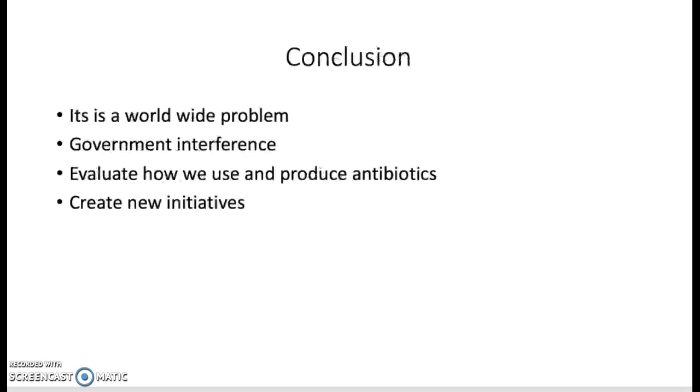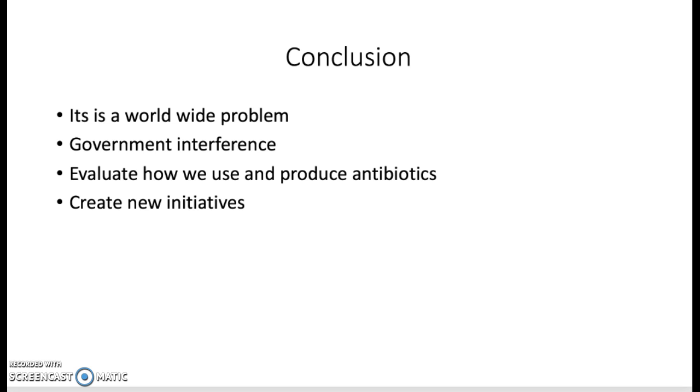So all things considered, the overuse of antibiotics and antibiotic resistance is not only a problem in the US, it's a worldwide problem. Government intervention is required to implement policies and to monitor the use and production of antibiotics.